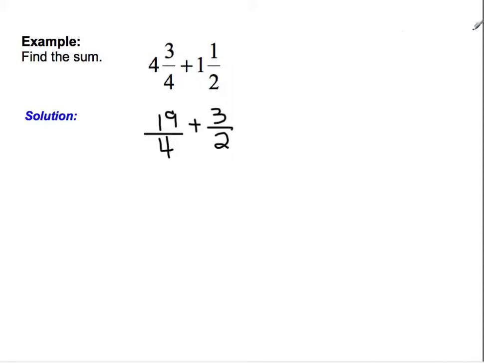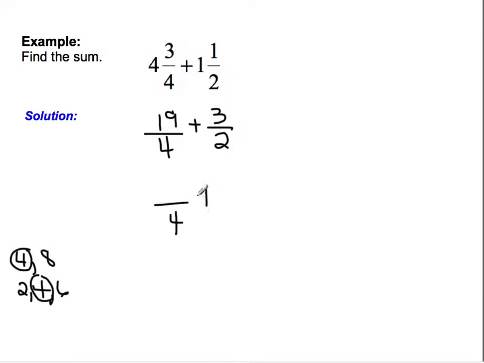Again, your strategies, if you have to go off to the side and change them to mixed, that's fine. I have a pizza that's divided into 4s. 4, 8. I already know that 2, 4, 6. Once I see the number that appears in both of my lists of multiples, I know that's the denominator I need.